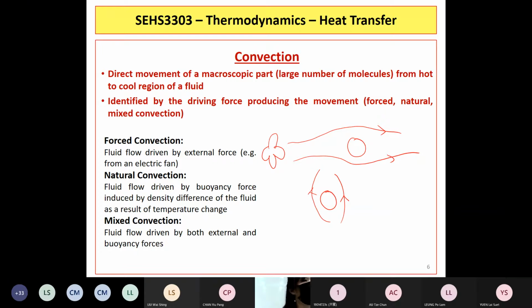This is natural convection. Mixed convection. Obviously, it is a combination of forced convection and natural convection. When these two are comparable, let's say if we use a smaller fan, the airflow will be like this.